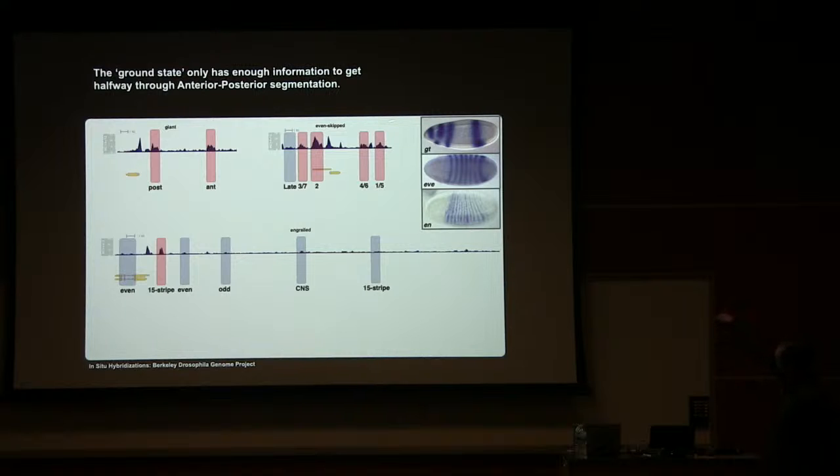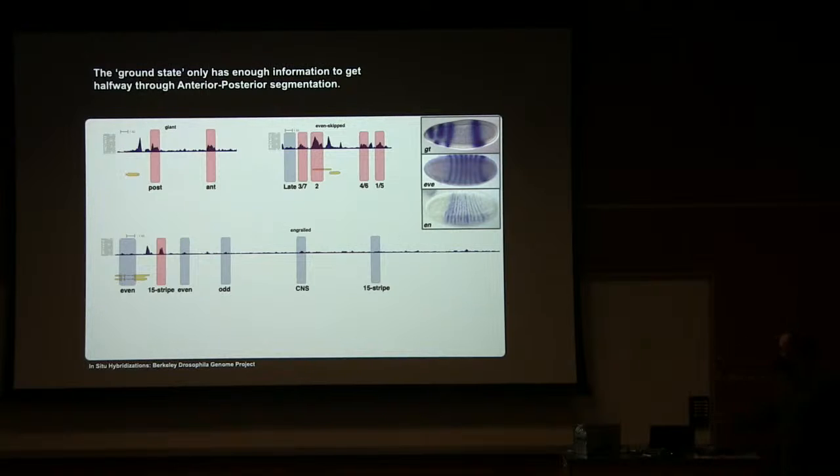And when we look at the accessibility state of those loci at ZGA, we see that all of the early enhancers have gained accessibility nicely, but the late enhancer has yet to gain full chromatin accessibility. It gets even worse when we go to the segment polarity network, where many of the known enhancers for engrailed have yet to gain full chromatin accessibility.